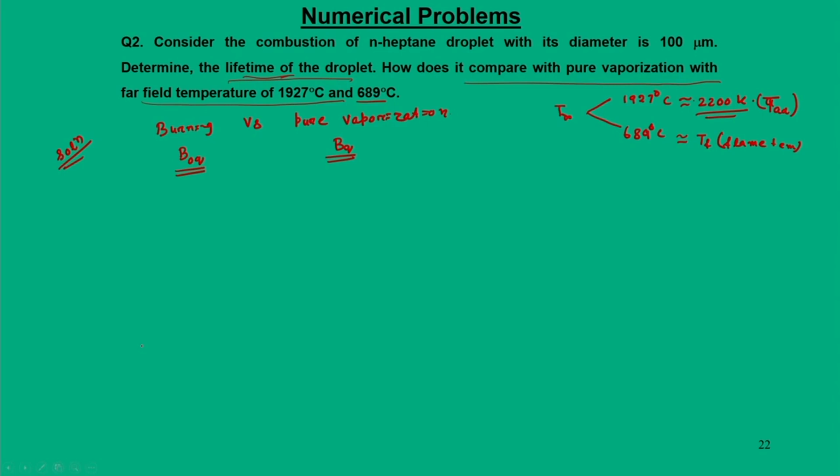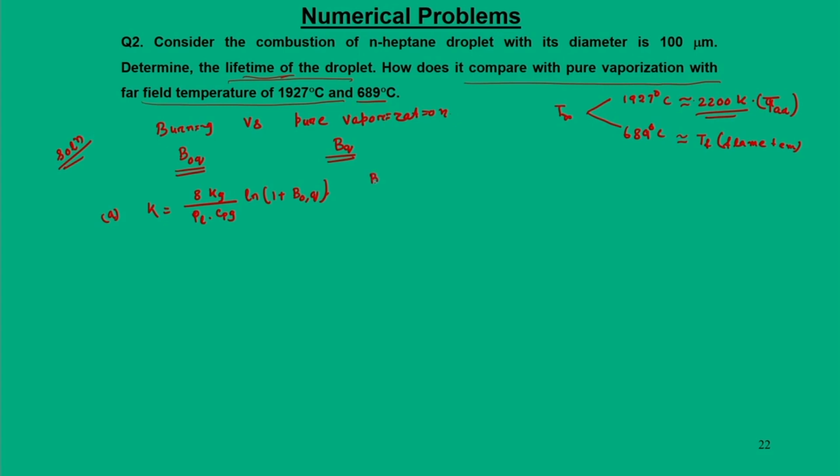The problem is very simple. For the first case, we need to find out the rate constant for the droplet burning, which is K = 8 kg over rho L CPG times ln(1 plus BOQ). All these numbers we have previously found out.